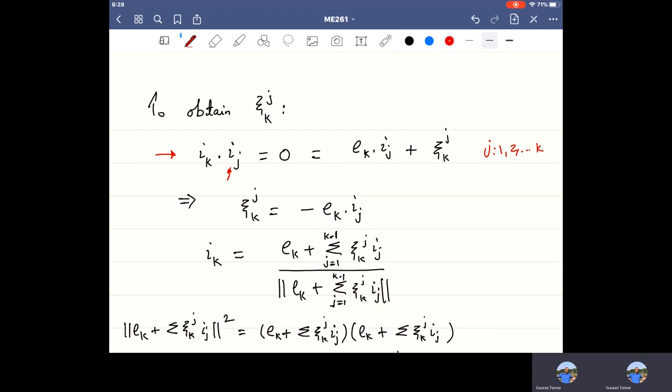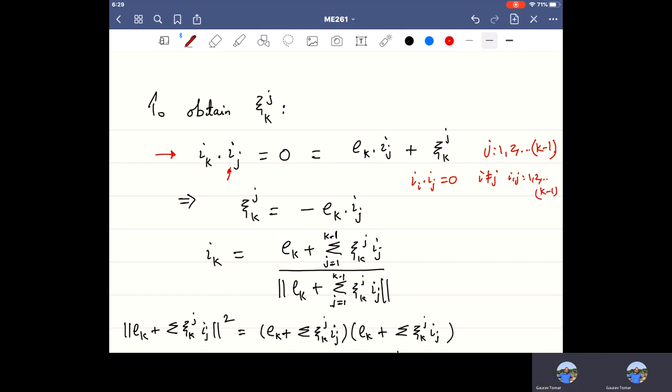The dot product ii dot ij is equal to 0 if i is not equal to j, and that's true for every i, j taking values 1 to k minus 1, right?